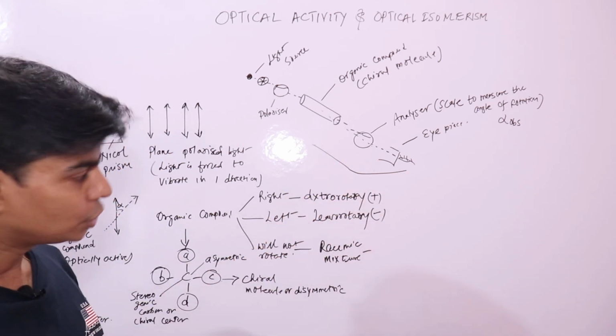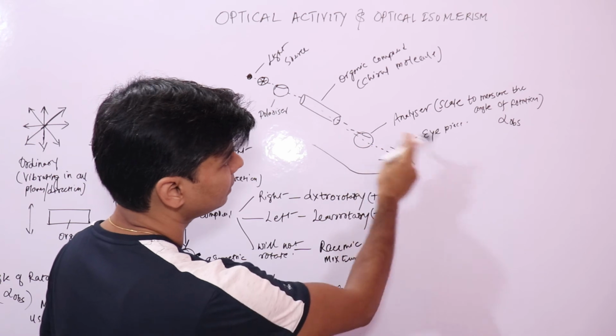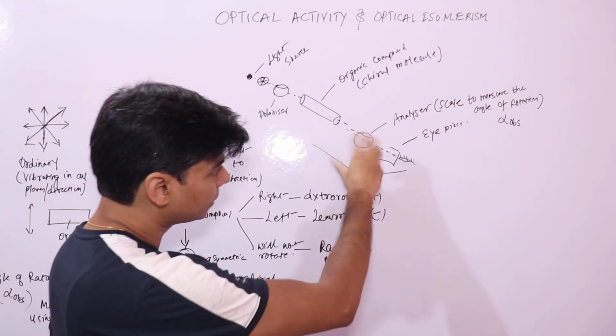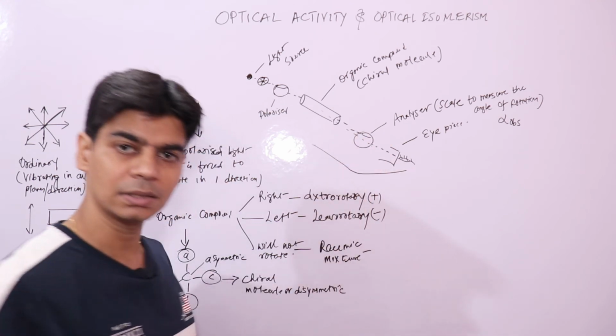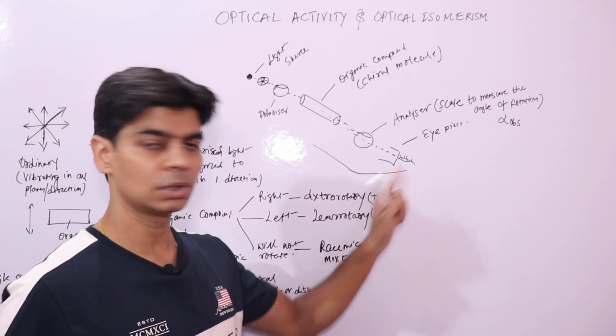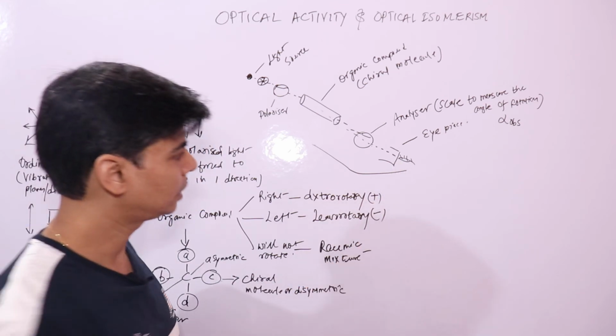Since I said that this analyzer can be rotated, now you will rotate this analyzer such that again no light reaches the observer who is here, right?